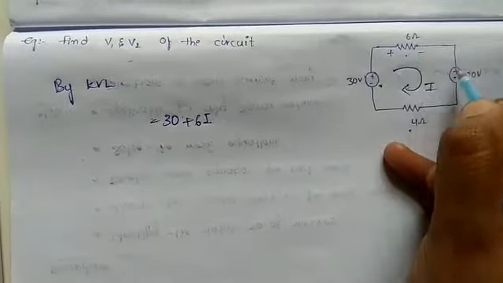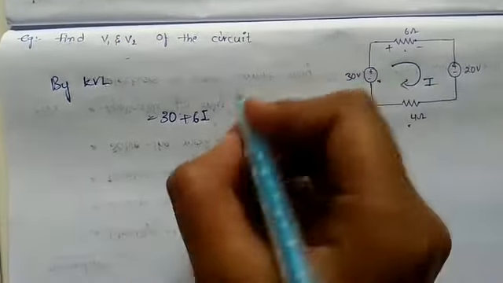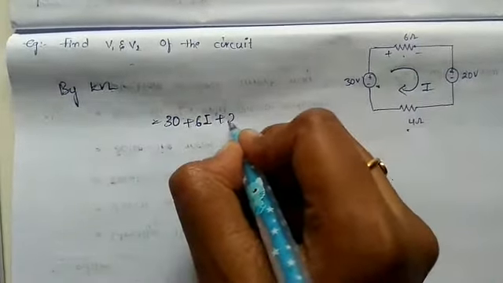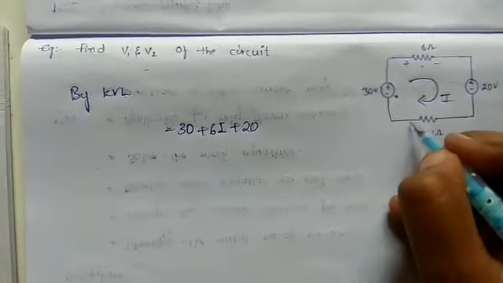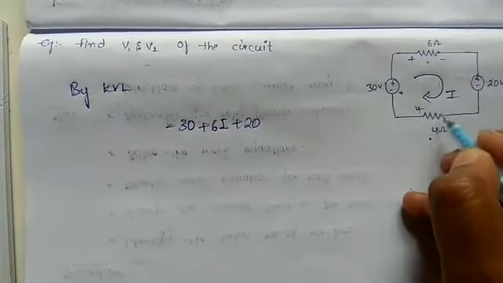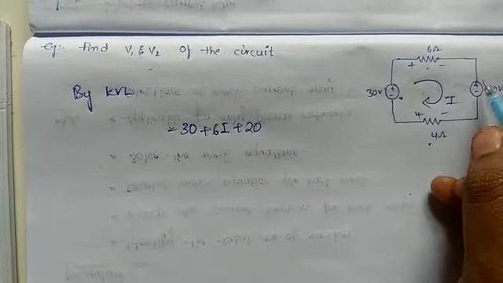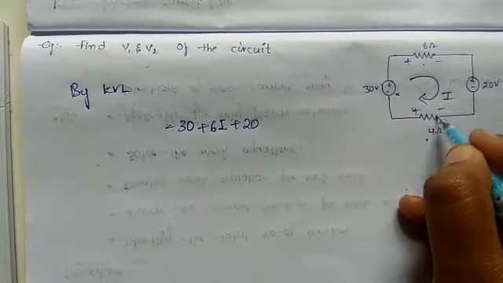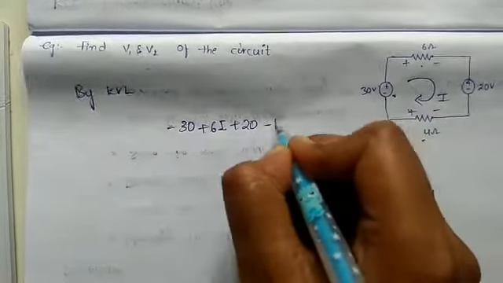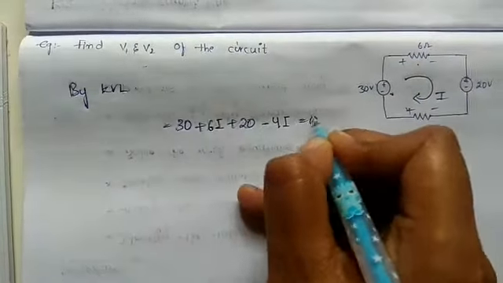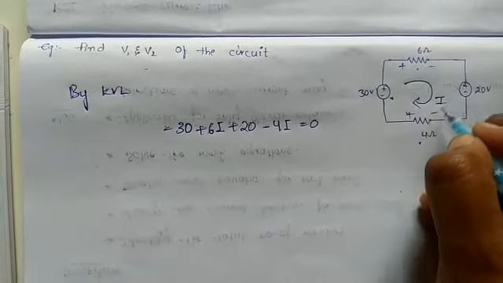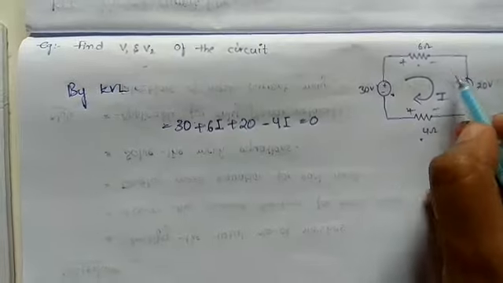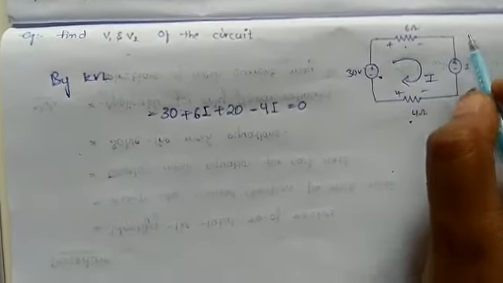In this direction, again coming to here, it's a positive symbol, so we are writing plus 20. Again coming here, this is plus and this is minus, right? So coming here, this is a minus symbol, so minus 4I is equal to 0, because the sum of algebraic voltages in a closed loop is always equal to 0 in a KVL.